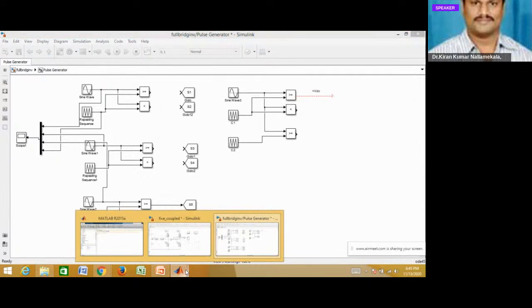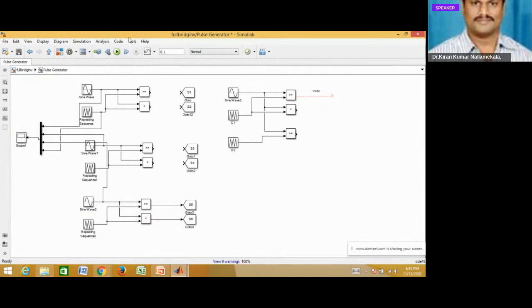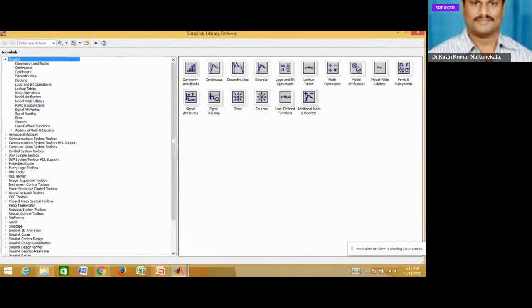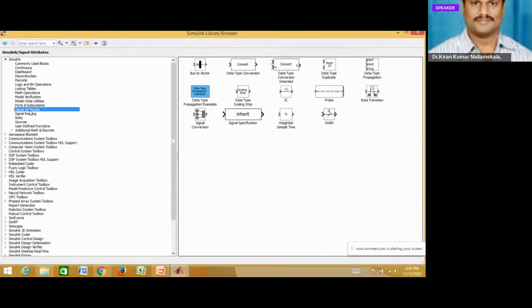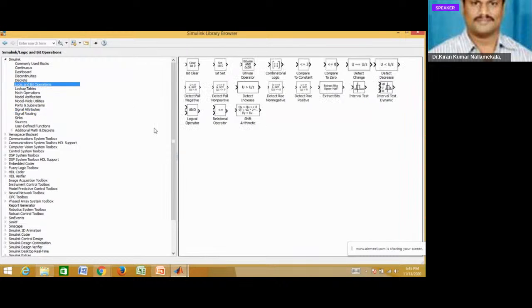Okay, that means we have to go to the Simulink library and find the gates block. That block you can find here, in logic and bit operations.